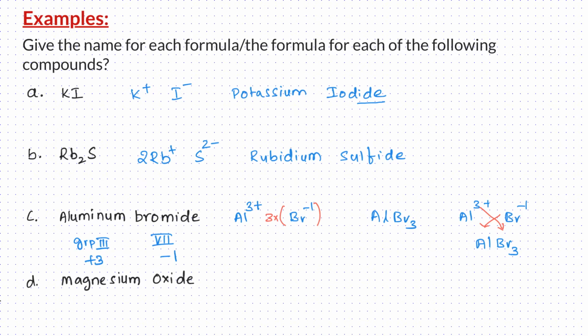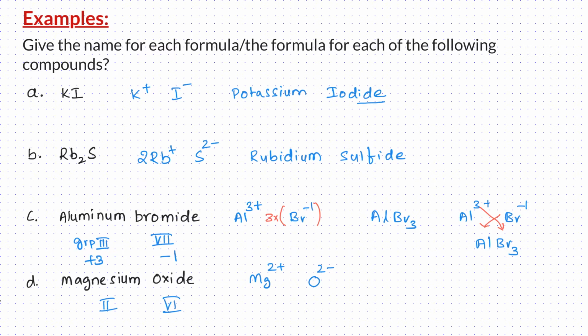Let us do one more example. The name of the compound given is magnesium oxide. Magnesium is in group 2, therefore it forms a cation with 2+ charge. And oxygen is in group 6 and forms an anion with -2 charge. So we have Mg2+ and O2-.